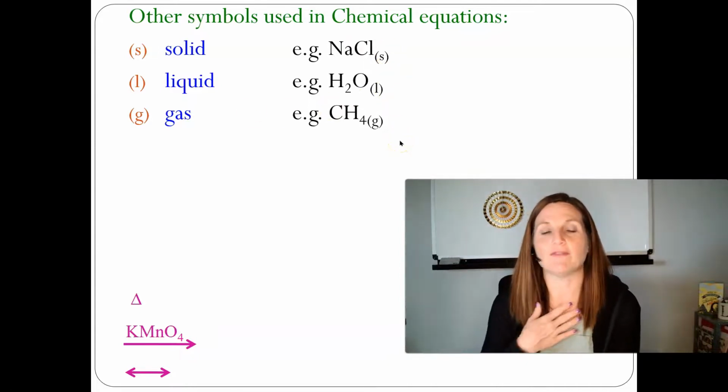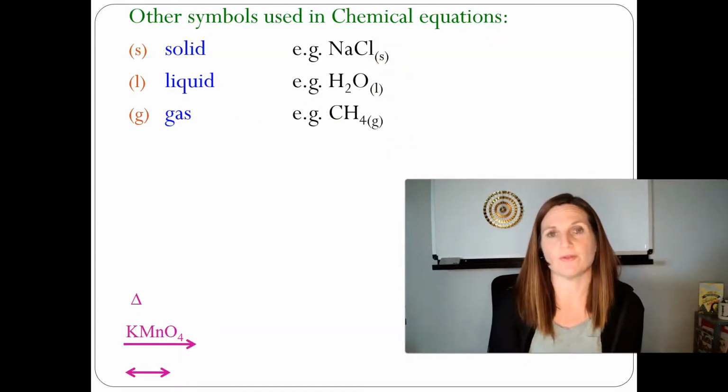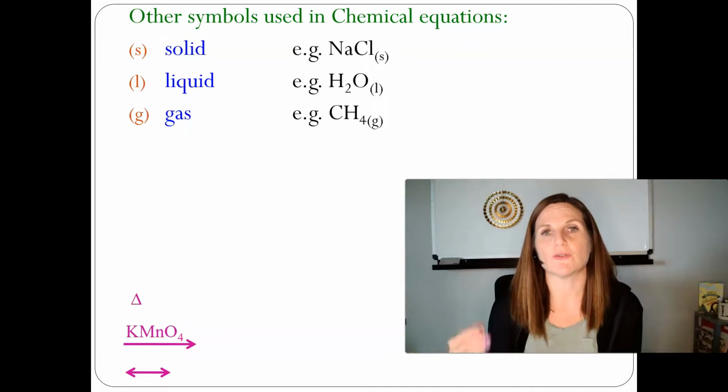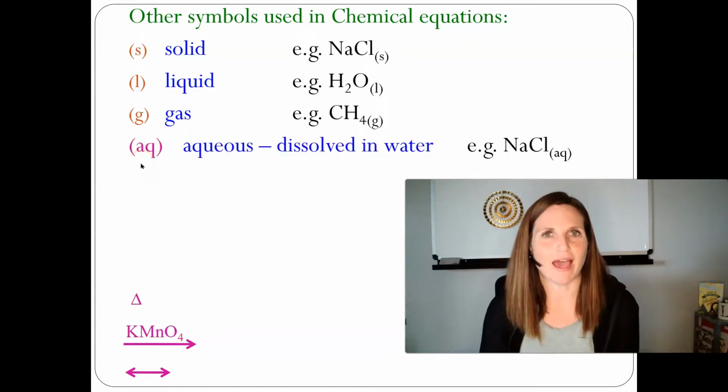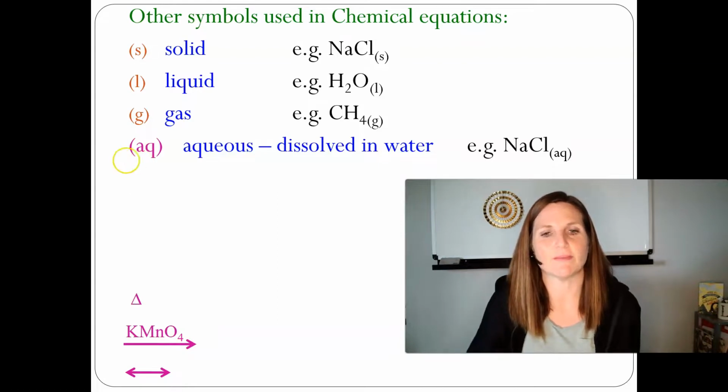I am not going to have you provide those symbols in parentheses, but I will sometimes provide them to you as hints or helpers throughout the equation. So they can be a guide or a helper as you go. The last state of matter that we need to talk about is this symbol of AQ, aqueous.